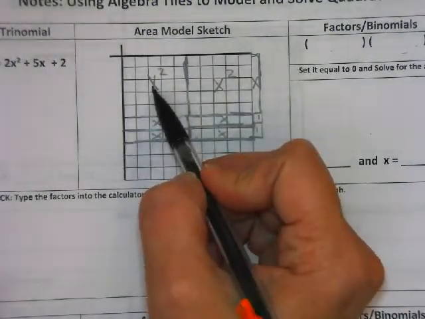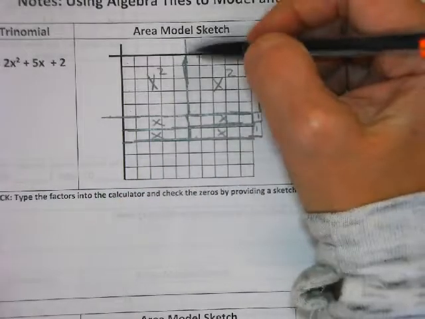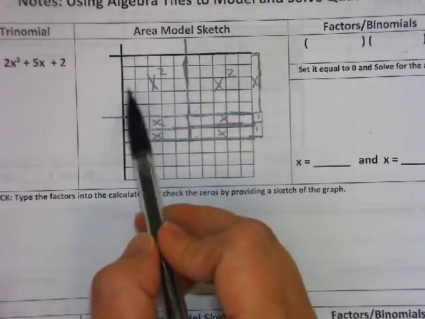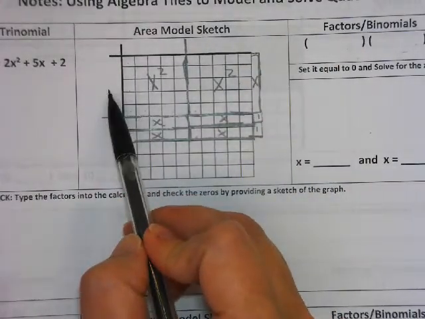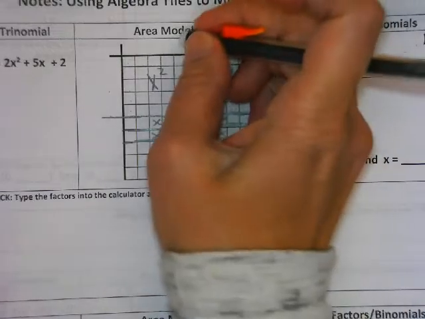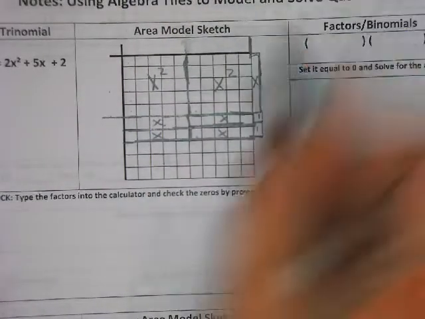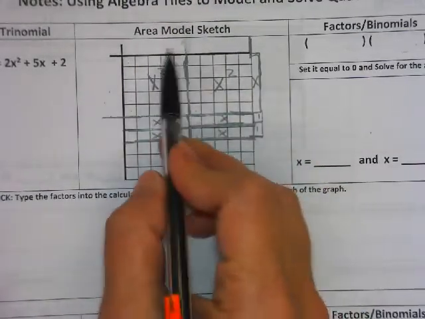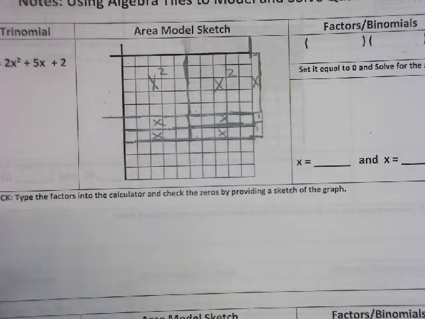Well, what do I have here? Well, I know something times something. I didn't mean to put that there. I need to put it over here. Something times something is 2x squared. Okay.